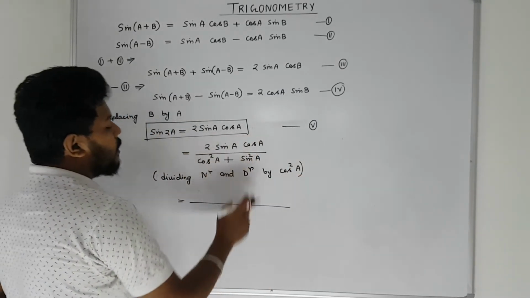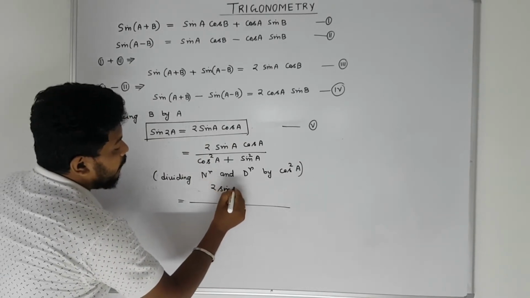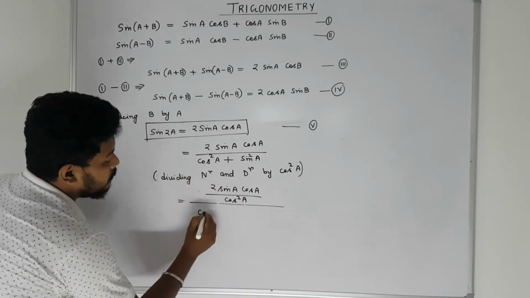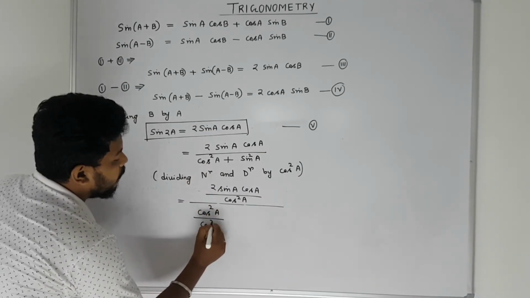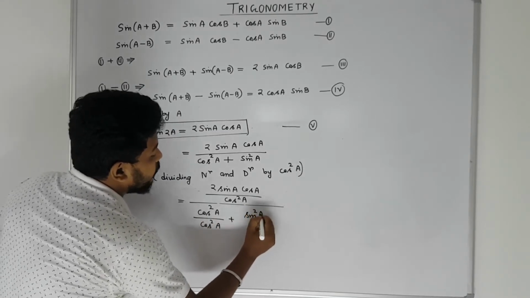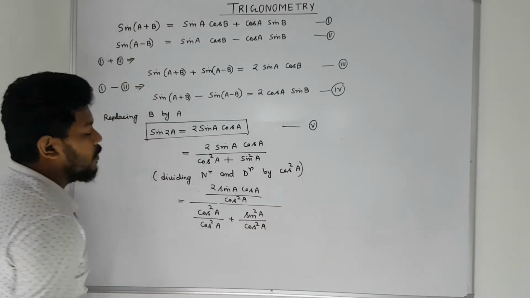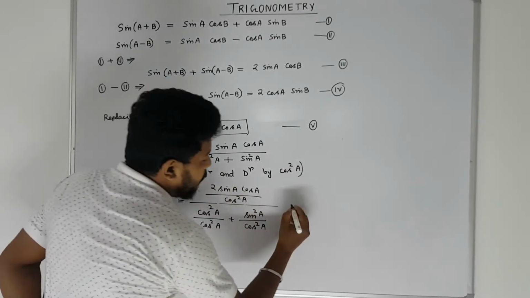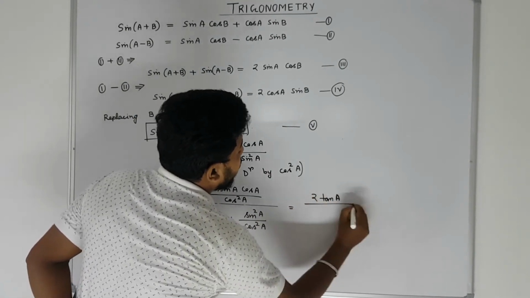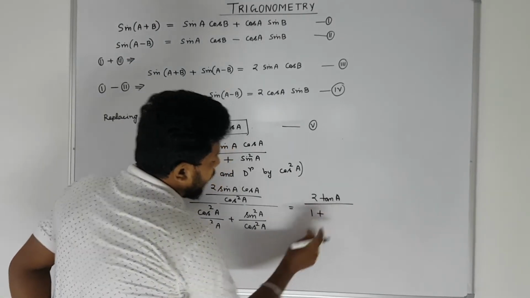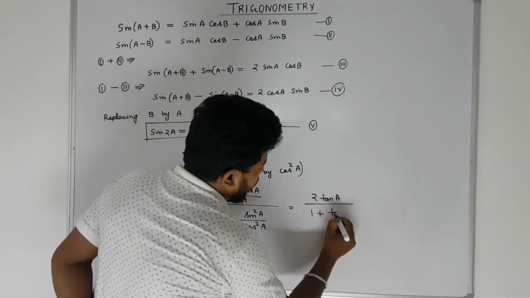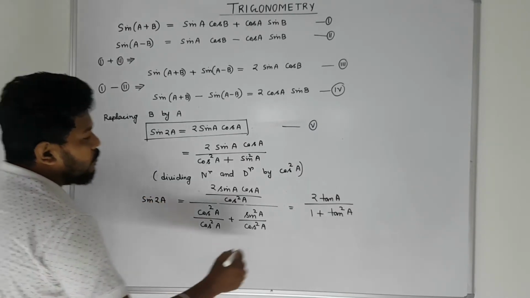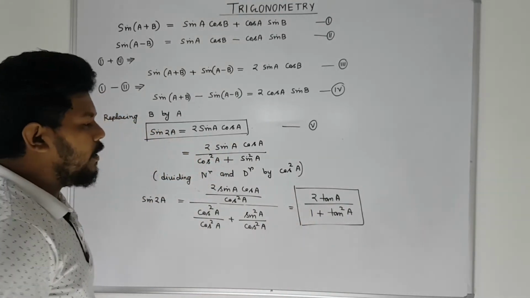twice sin A cos A by cos square A over cos square A by cos square A plus sin square A by cos square A. If I cancel cos by cos square, I will get sin A by cos A, which is twice tan A. Cos square by cos square is 1, plus sin by cos is tan, whole square, tan square A. So we can write sin 2A = 2 tan A by 1 plus tan square A. This is number 6.